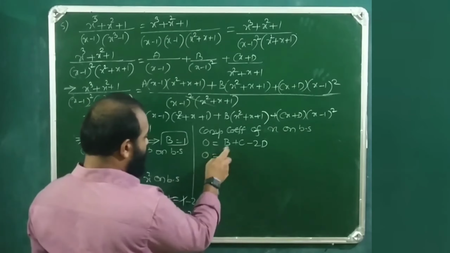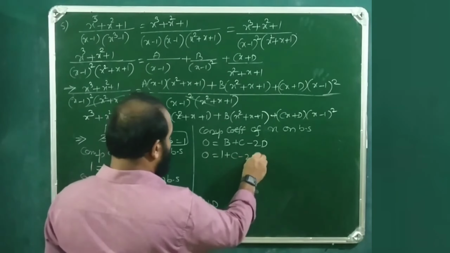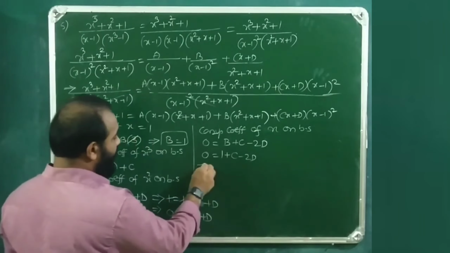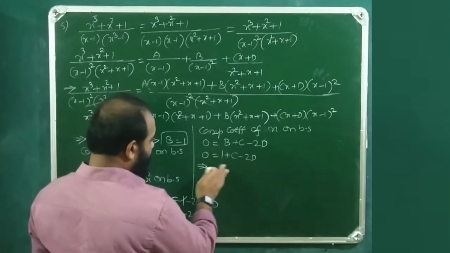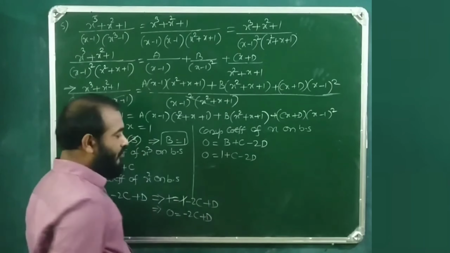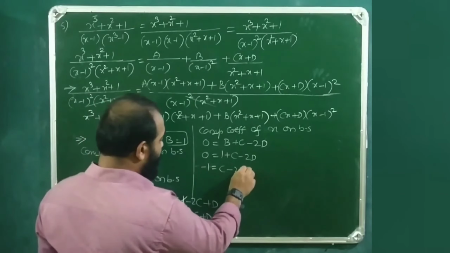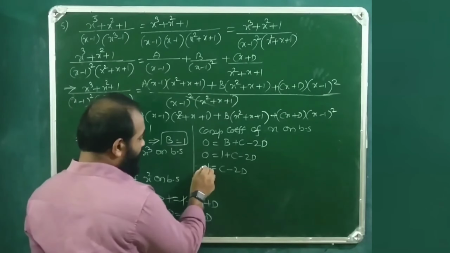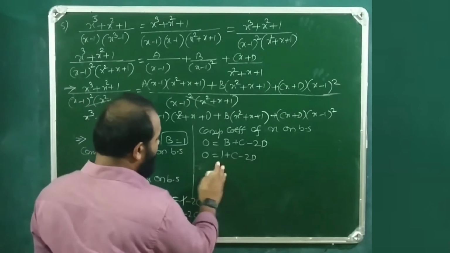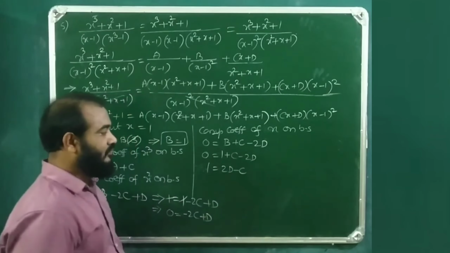So 0 equals b, value 1 I am substituting here, c minus 2d. So from this, minus 1 equals c minus 2d, or 1 equals 2d minus c. 1 equals 2d minus c.